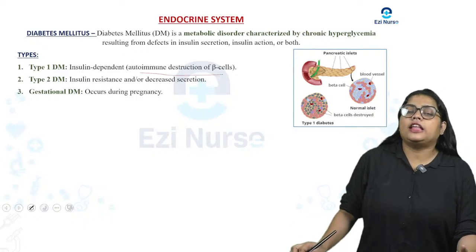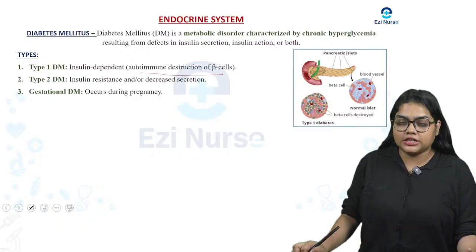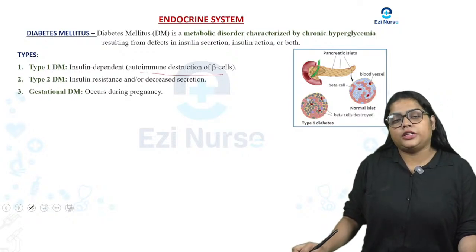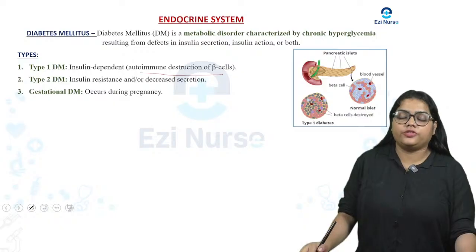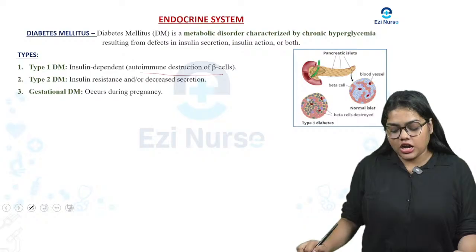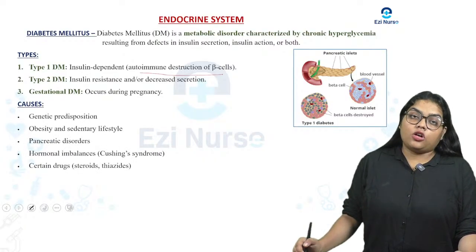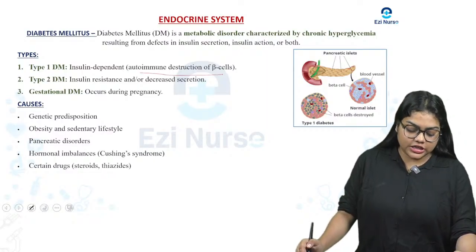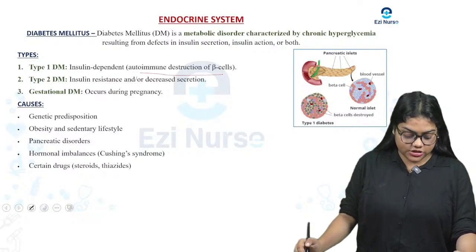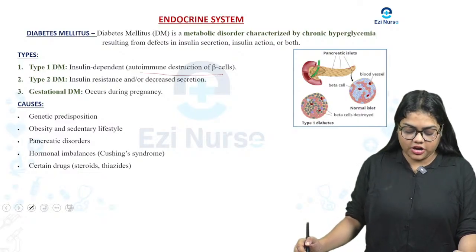We know in the pancreas, in the islets of Langerhans, the beta cells produce the insulin. So if any kind of autoimmune disorder happens, the beta cells will die and insulin production will be reduced. Type 2 diabetes mellitus is actually insulin resistance or decreased secretion of insulin. The main causes of diabetes mellitus include genetic predisposition, obesity and sedentary lifestyle, pancreatic disorder, hormonal imbalance such as Cushing syndrome, and certain drugs, steroids and thiazides.